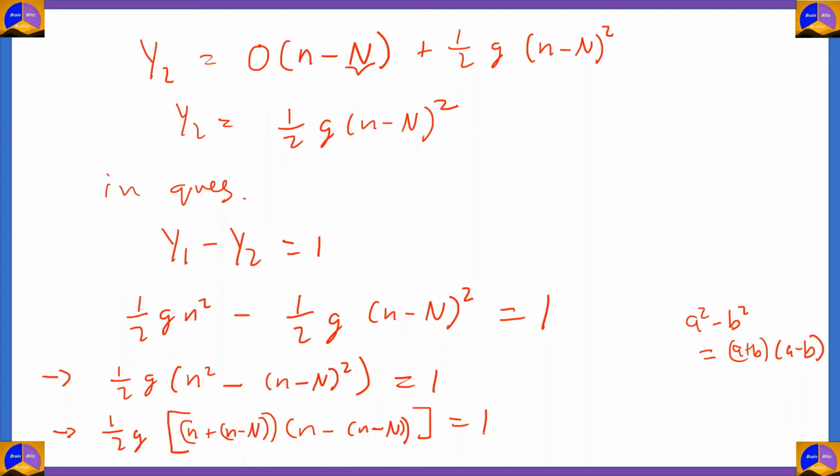Is equal to 1. Now we solve each of the smaller brackets. So small n plus small n minus capital N will give you 2 into small n minus capital N in one bracket.